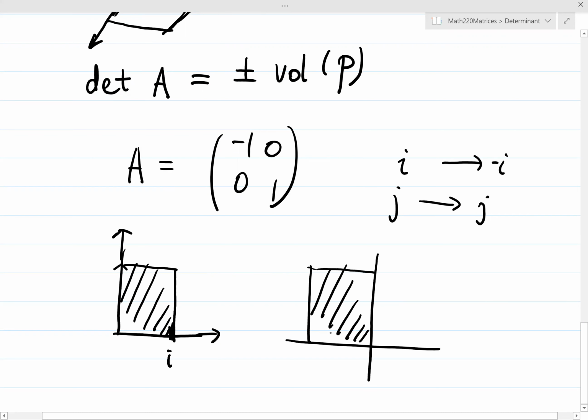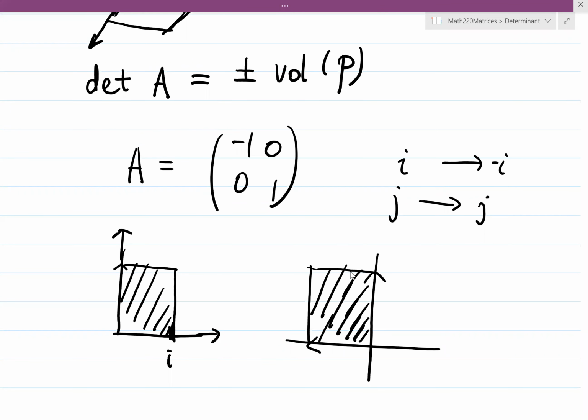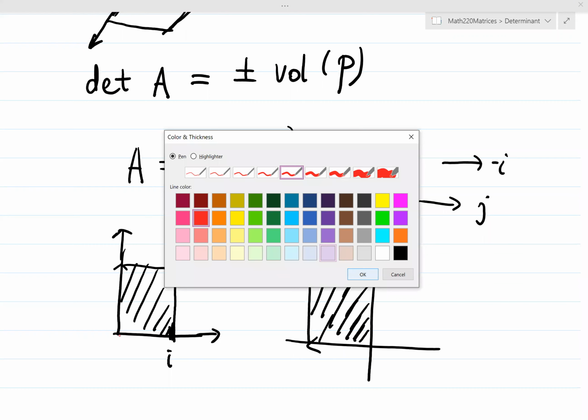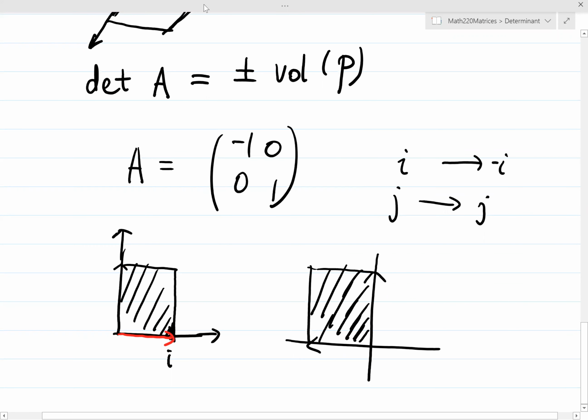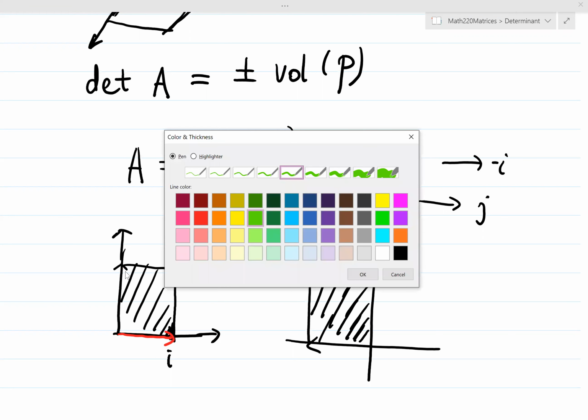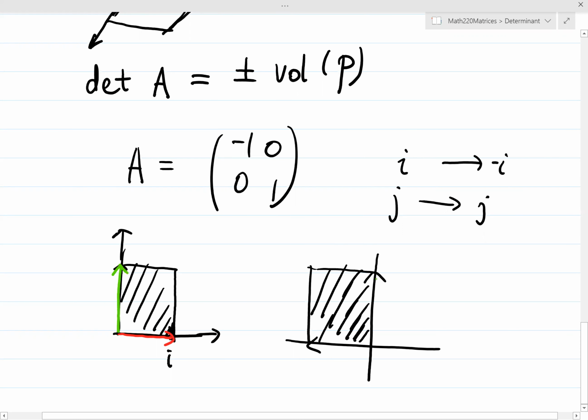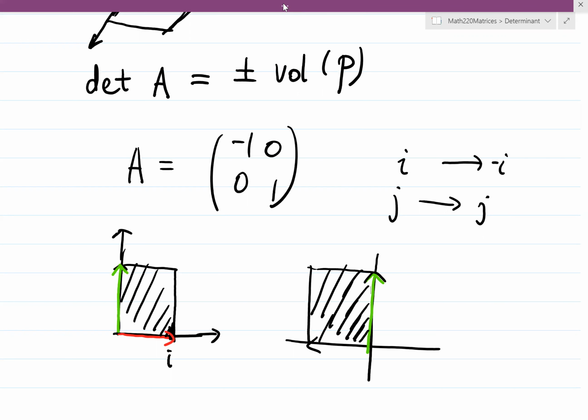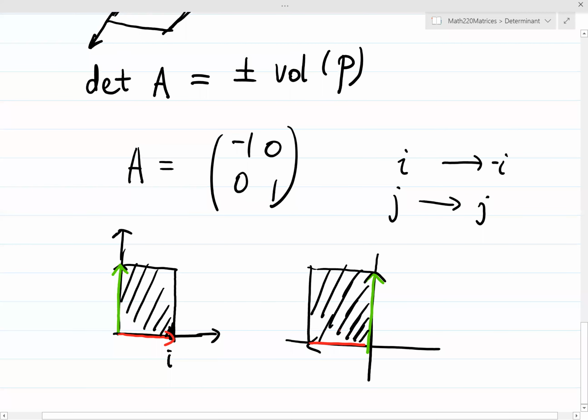It'll flip the direction. Now the green part is fixed, but the red part is flipped.